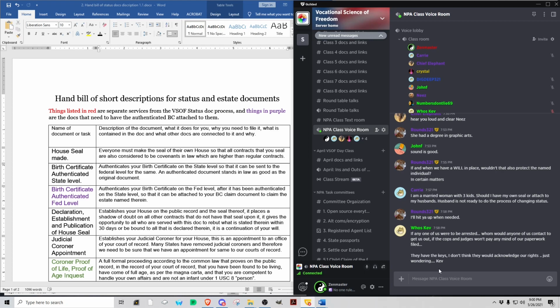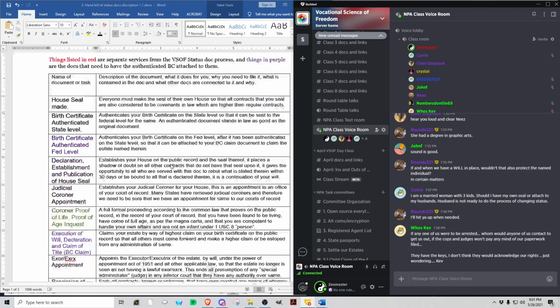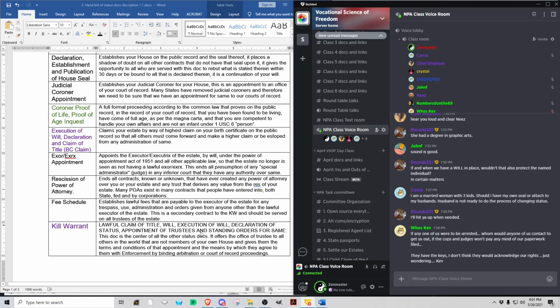That's that. Okay, so Carrie, if he's not ready to do the process, you can just establish your own house. Oh, the other thing that I was going to mention, because you mentioned children. The other thing that goes along with the lawful claim of title, execution of will, declaration of status, appointment of trustees, and standing order for same, is a separate document, if you have children, that describes your children, in basically the same way that they do for state identification and so forth.